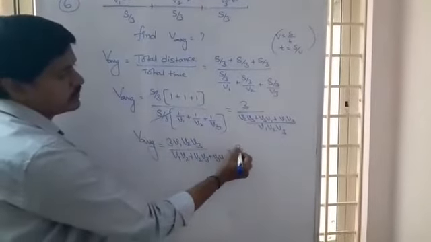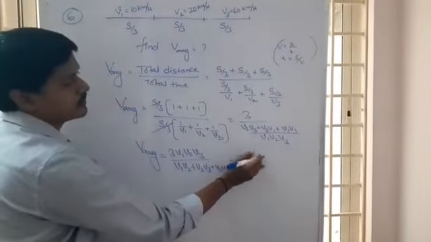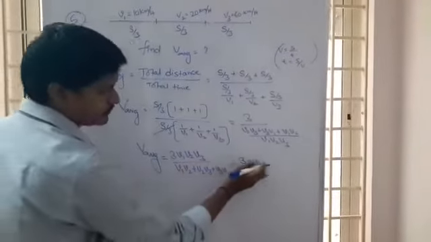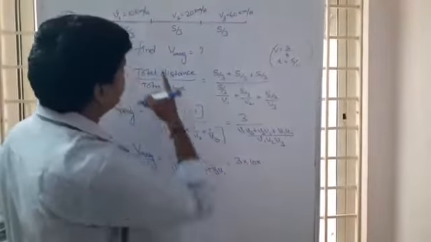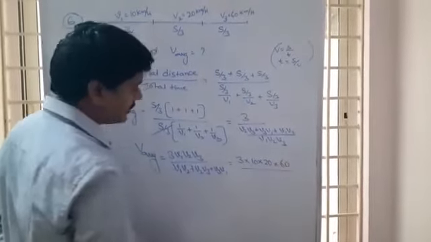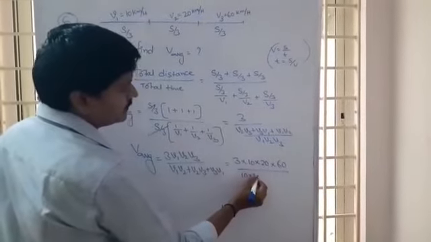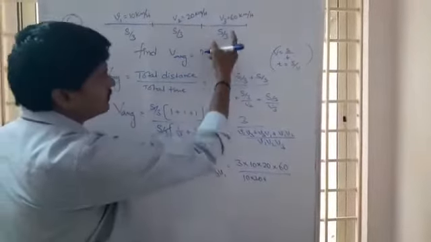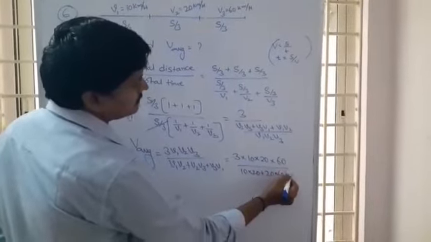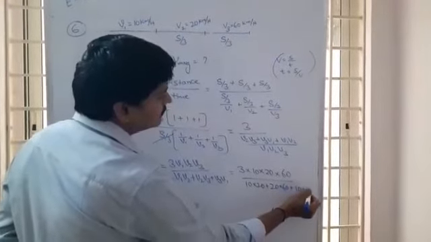Substitute all these values: 3 into 10 into 20 into 60, divided by 10 into 20 plus 20 into 60 plus 60 into 10.